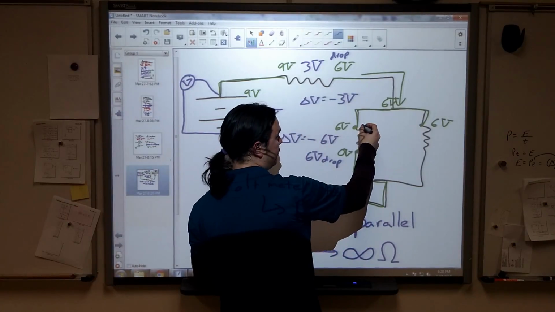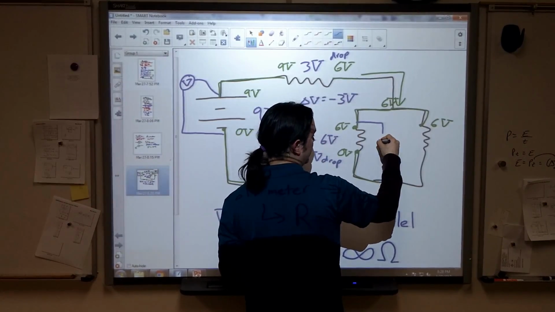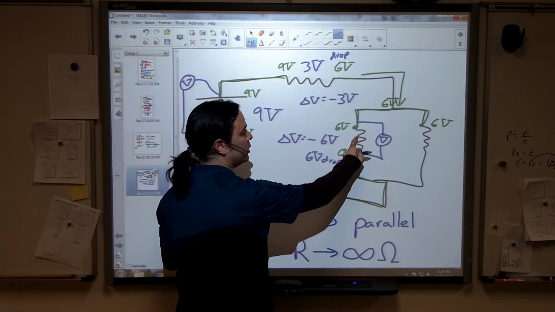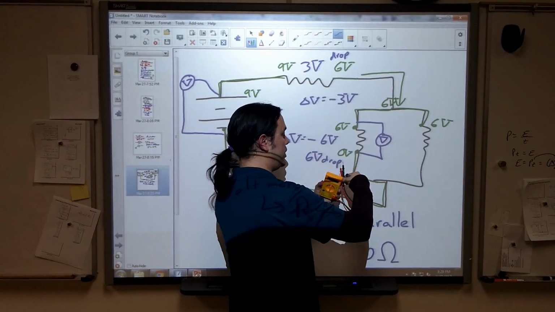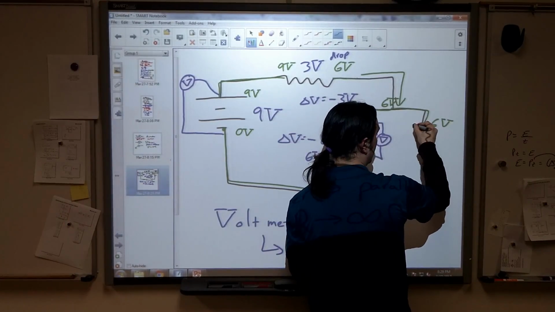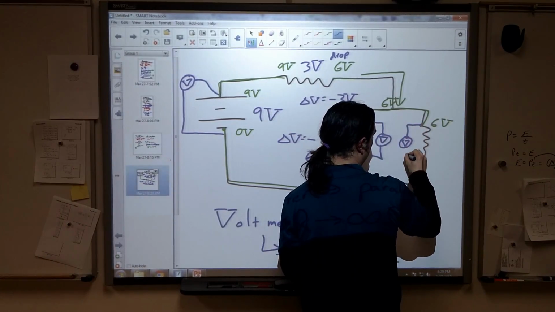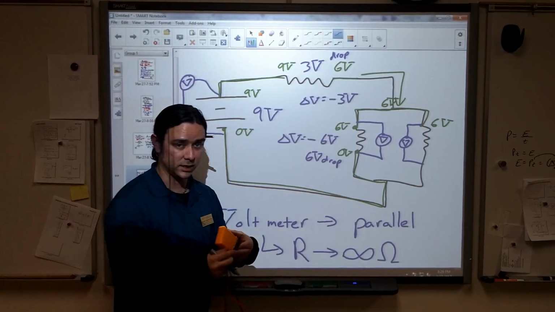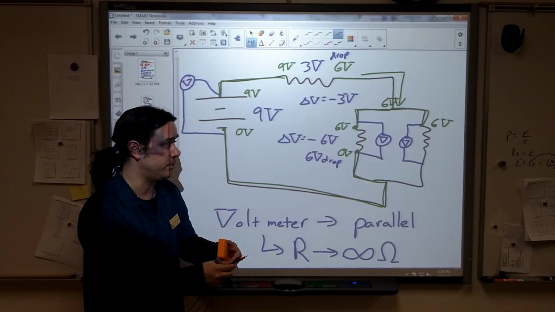If I were to draw a voltmeter across this, it might look like this. I will always draw them in parallel, and this voltmeter is now reading the potential difference across this. I could have a voltmeter here, and it would also read either +6 or -6, depending on how I put them.